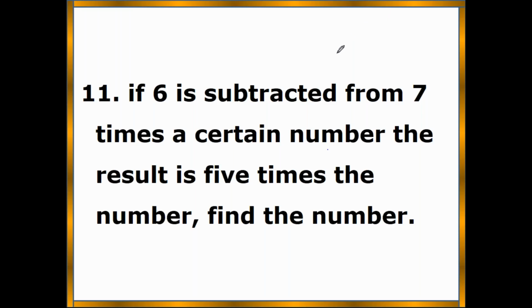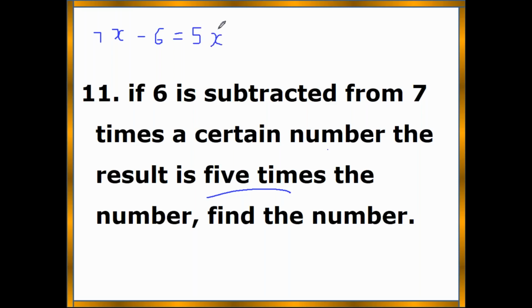We don't know what the number is, but let us assume the certain number is x. If the certain number is x, 7 times the number is 7x. 6 subtracted from 7 times, nothing but 7x minus 6, is equal to the result, 5 times the number, which is 5x.